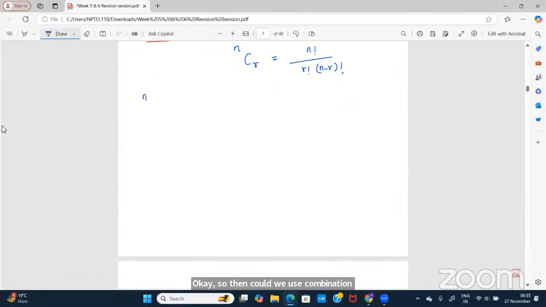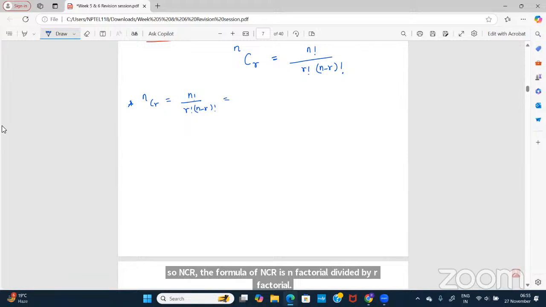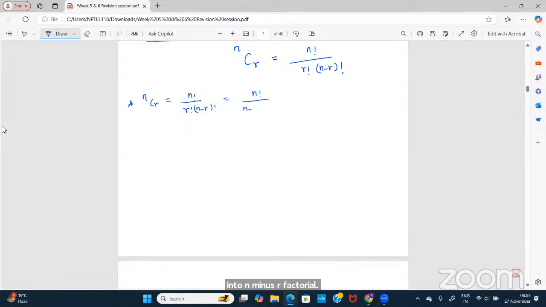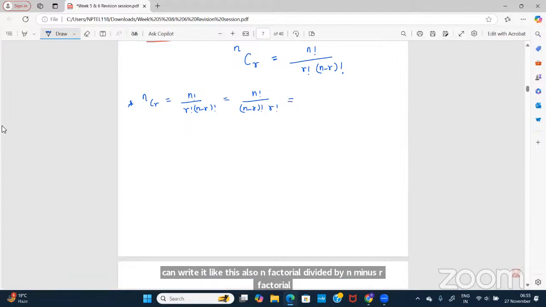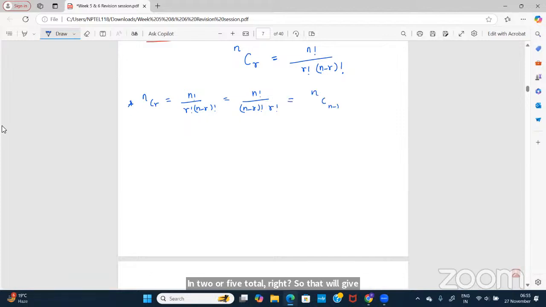So the formula of nCr is n factorial divided by r factorial into (n minus r) factorial. We can write it like this also: n factorial divided by (n minus r) factorial into r factorial, right?